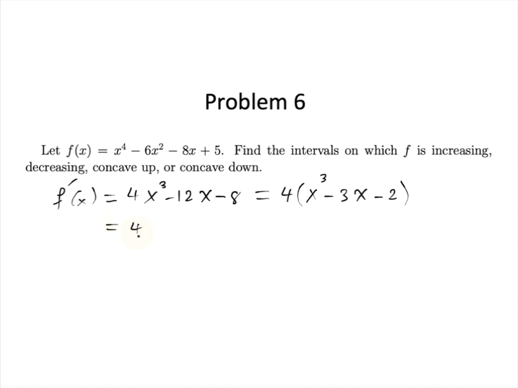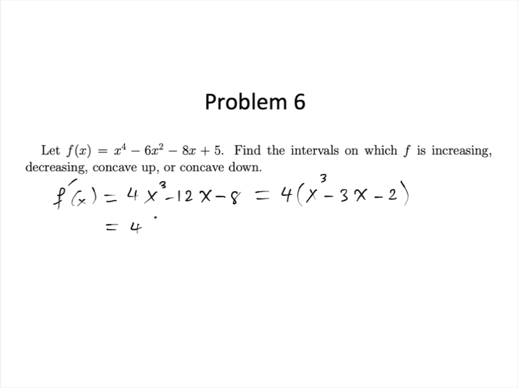So now factor this cubic polynomial. In general, they're difficult to factor, but in this one, we notice that negative 1 will make this 0. If x is negative 1, then you get a 0 here.